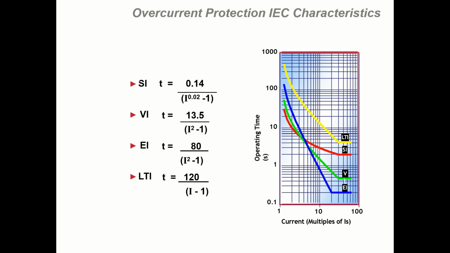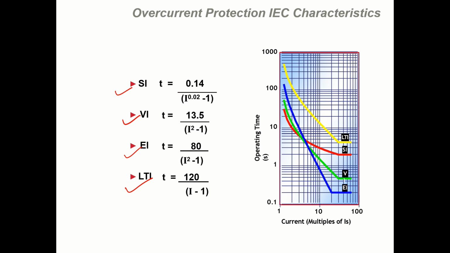Now, another thing is there are different types of characteristics like standard inverse, very inverse, extremely inverse, or long time inverse. For all these characteristics, earlier the times of operation were calculated using the logarithmic plot of plug setting multiplier, or current multiples of the current setting, against operating times.